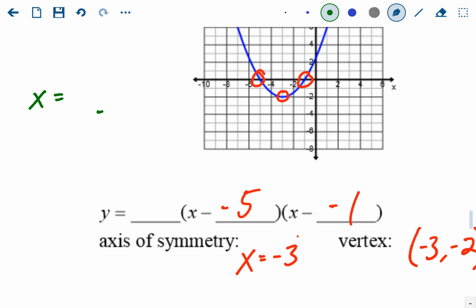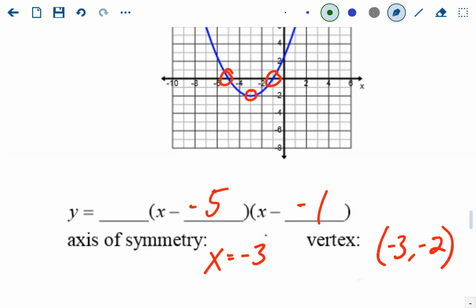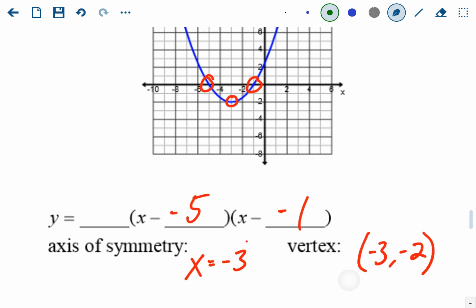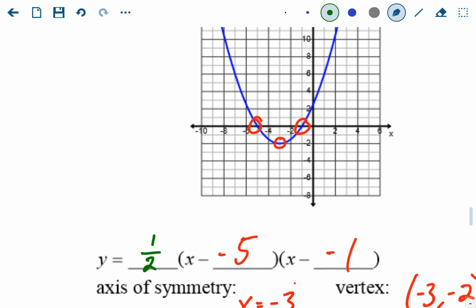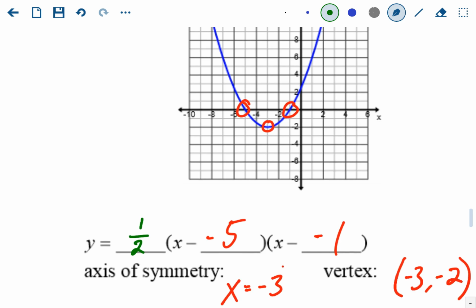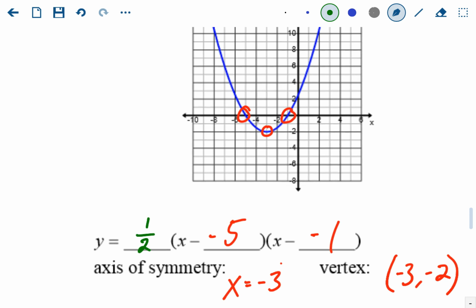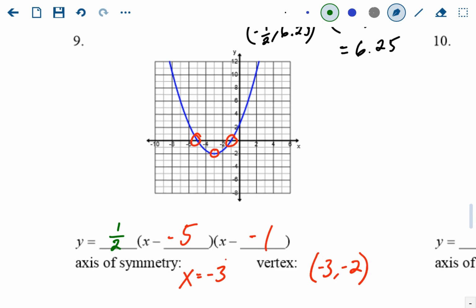So scratch that. I mean, I know what the answer is. The a value is 1/2. We're going to talk about more why I know that's 1/2 tomorrow in the next lesson. But you don't have to worry about that on any of the mini quizzes.